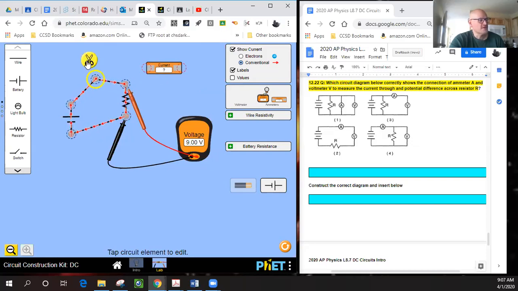Let's cut that, put this here and that there. And now we have current flow. The ammeter is in series, measuring conventional flow, and is measuring 0.9 amps. And we have the voltage across the resistor measuring 9 volts. So it looks like number 4 is correct. Go ahead and screenshot this and paste it into this box here. Let me hit pause here.